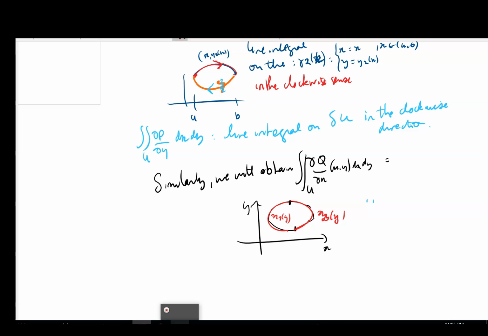What you will obtain is that this is the opposite of the line integral on delta U of Q dy, but in the clockwise direction.